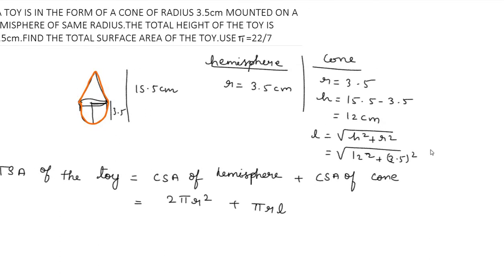That is square root of 144 plus 12.25. Okay. So after adding this, we'll get 156.25. When you find the square root of this, we will get 12.5 centimeter. Okay. You people know how to find the square root, right? Yeah. So L is equal to 12.5 centimeter.